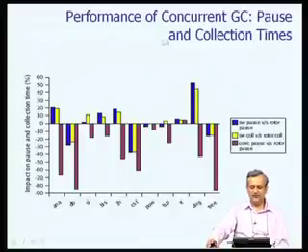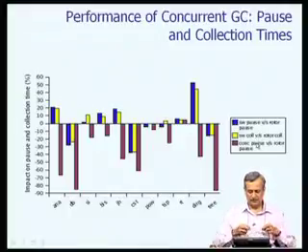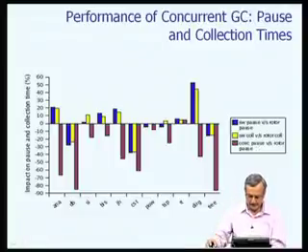So, let us look at the performance of the concurrent garbage collector. First let us look at the pause and collection times. This is the impact on pause and collection time, in percentage. What we have shown here in blue is the stop the world pause versus rotor pause.